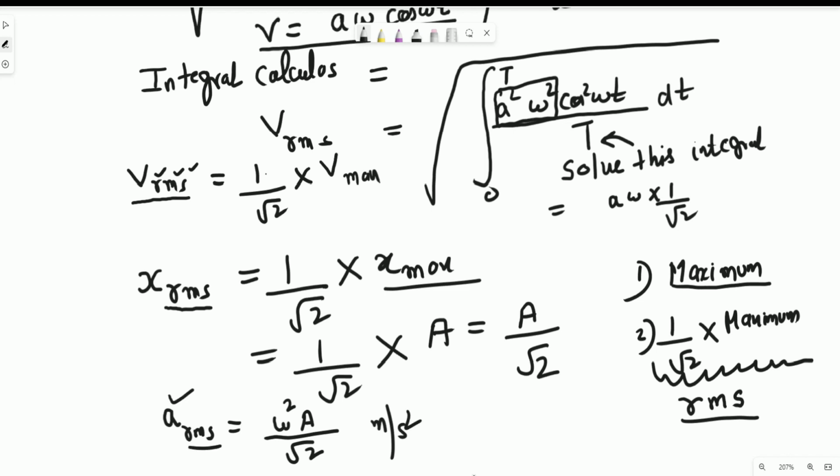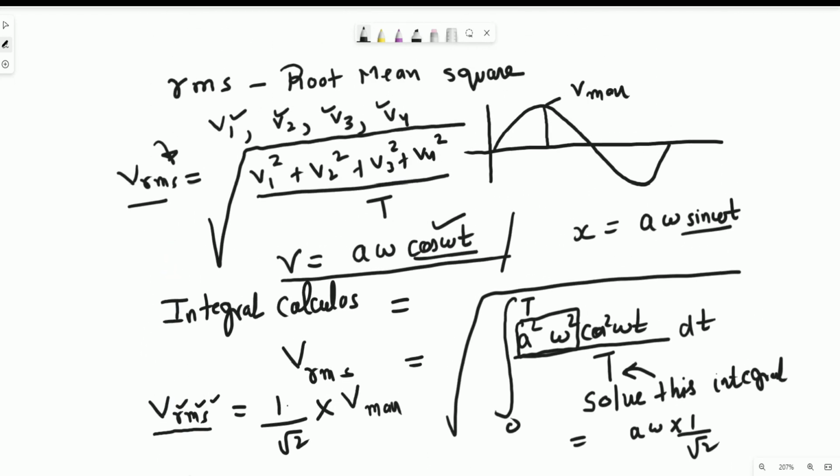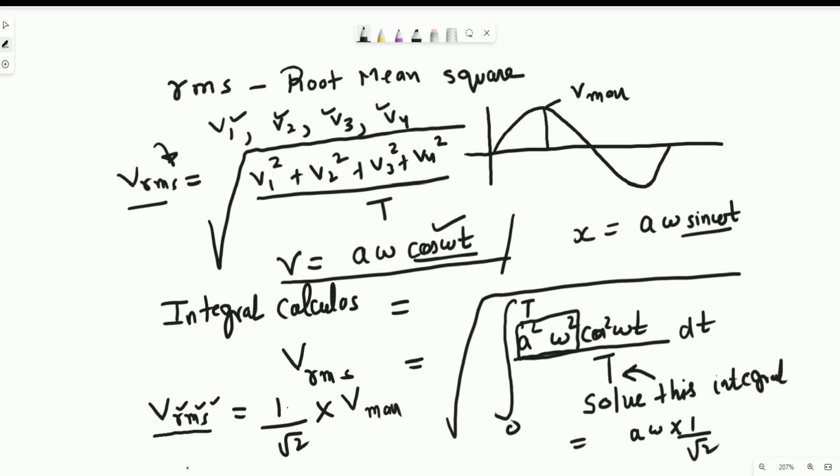But be careful that this particular formula of dividing the maximum value by root 2 is only applicable to functions that follow sine or cosine omega t. If you find any other function, please use the basic formulas, or you will have to learn the complicated integral calculus.